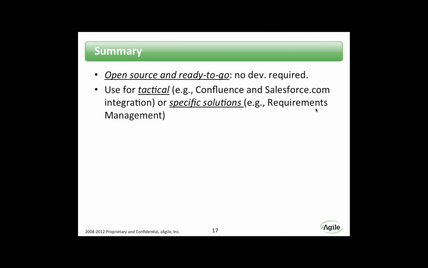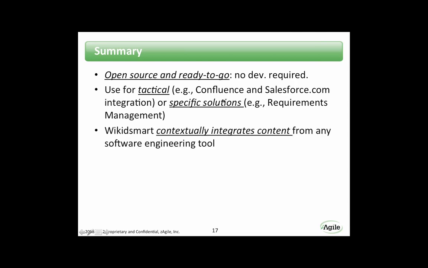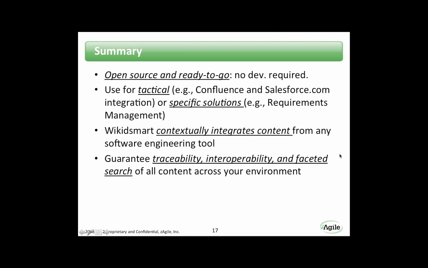Clearly, using these pre-built solutions is a nice way to leverage or to start off using the capabilities, because you have the pre-built solutions already built for you. And remember, Wicket Smart is contextually and instantly integrating the content from any software engineering tool, CRM, and it can go beyond that as well.